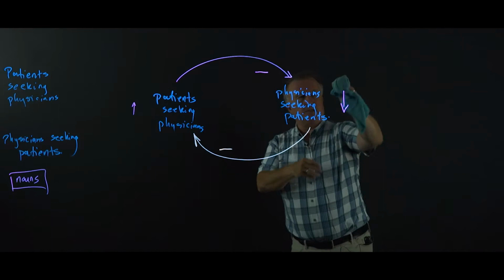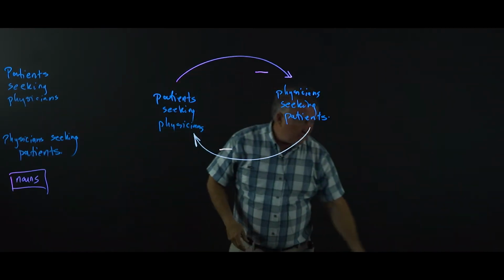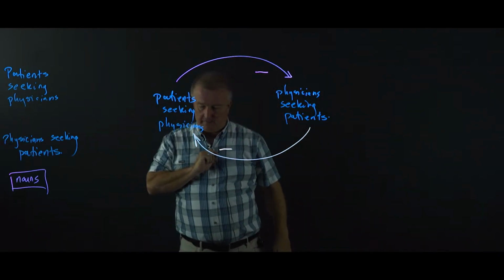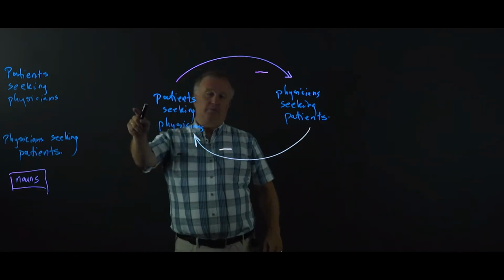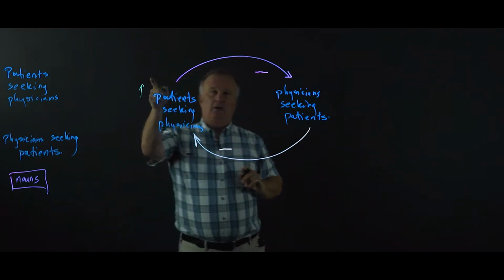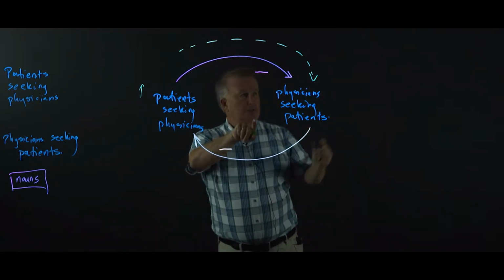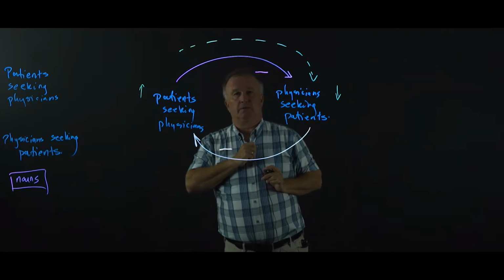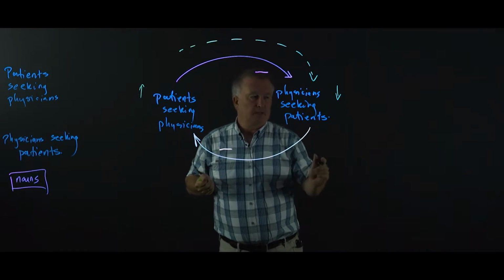I'm just going to get rid of these arrows here for a minute. Okay. And so one of the questions we can answer is, okay, so when we put this all together, what happens? Well, let's suppose that we've got more patients suddenly seeking more doctors. So this goes up. Okay. And then what happens is that that causes a decrease in the number of doctors looking for patients because all those open spots are being taken up.